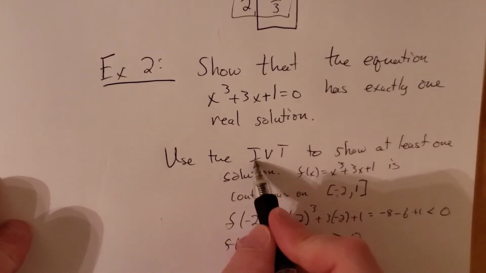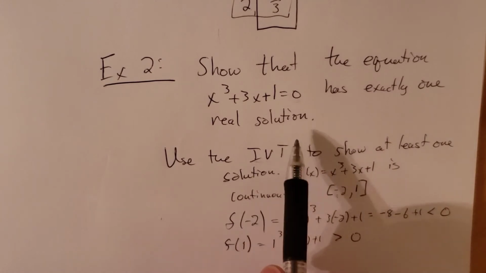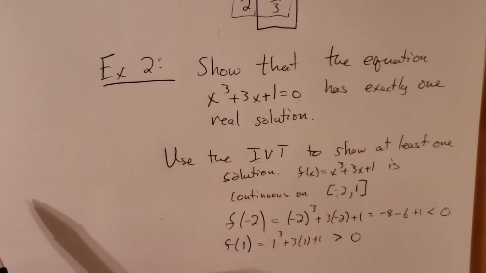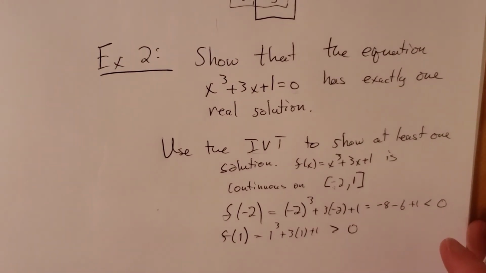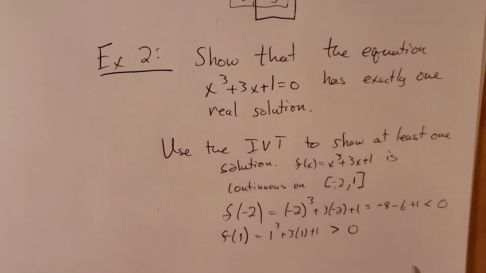So we had to use the intermediate value theorem from several sections ago to tell us that there is a solution. Now, with the information we gained in this section, we can now say that there is exactly one real solution, as in there is no other solution. Now, how do we know that?